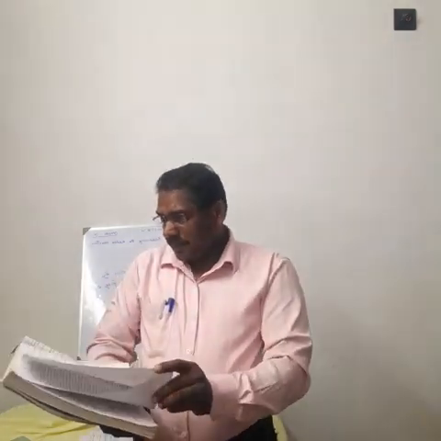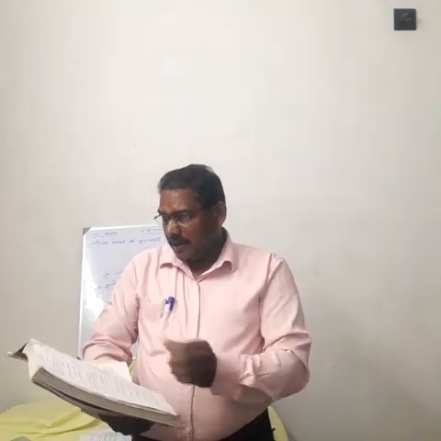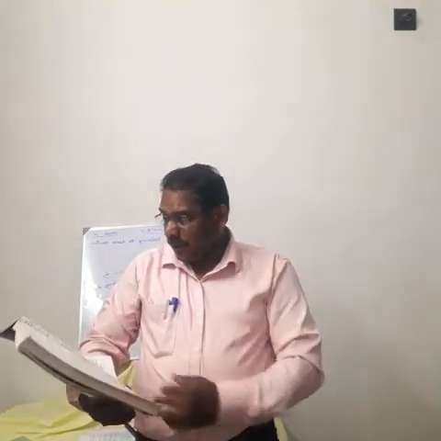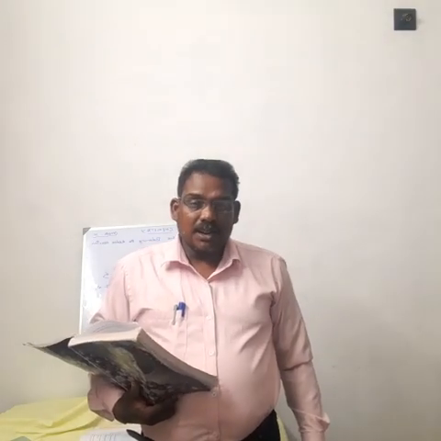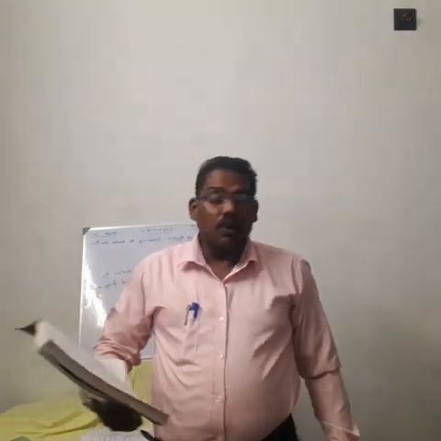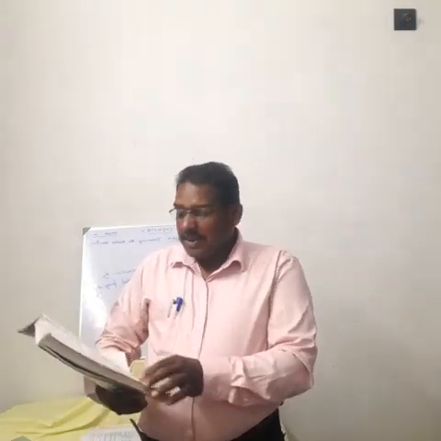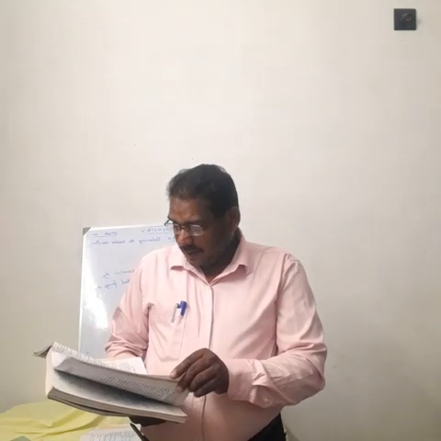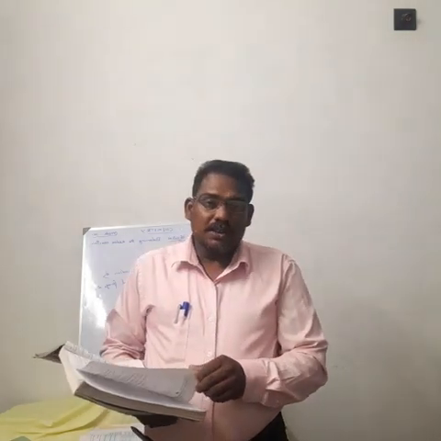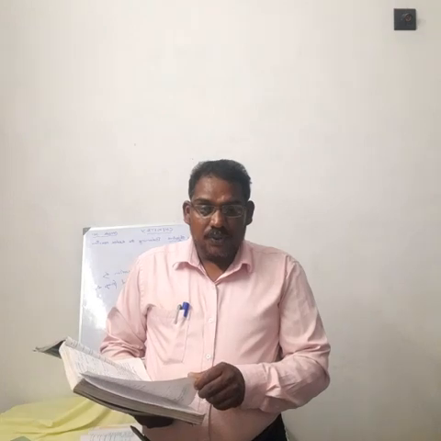And one more point, for tomorrow's assignment, page number 24, balancing the redox reaction, pages 24 and 25. How can you balance in the 5 steps? This is a very important question. All of you, each and every one, must do it.